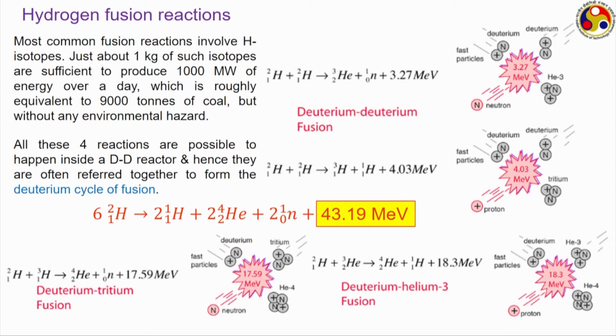The total number of nucleons participating in this reaction is only 6 into 2, that is 12. Only 12 nucleons participate, giving an ultimate yield of 43.19 MeV, which is about 3.5 MeV of energy per nucleon, as we calculated earlier, which is definitely much more than what we get in a fission reaction.